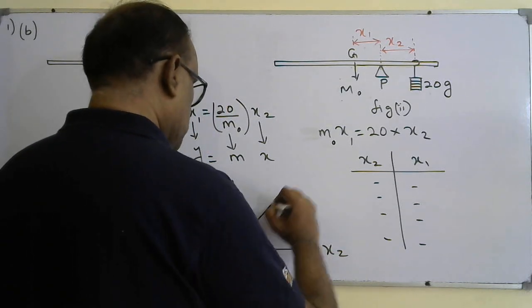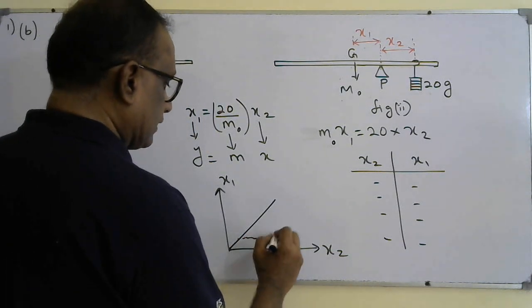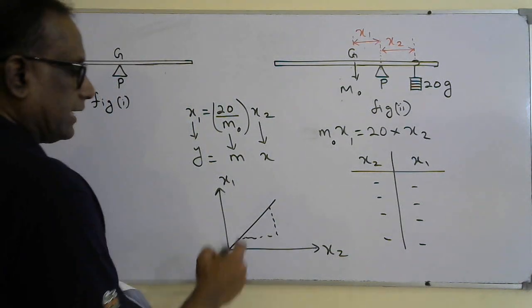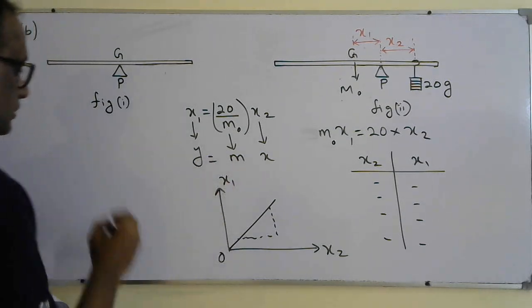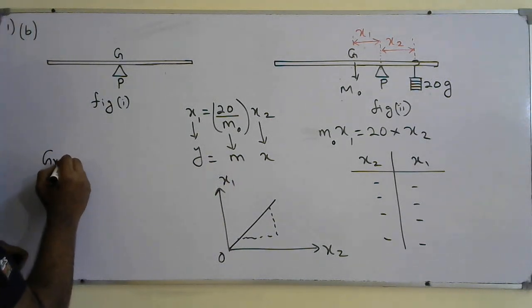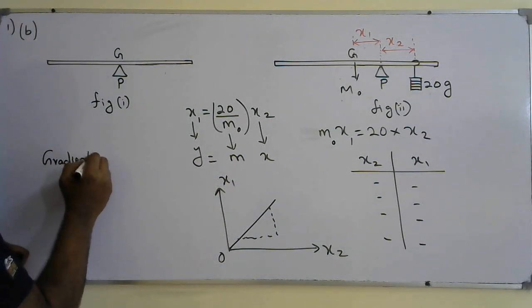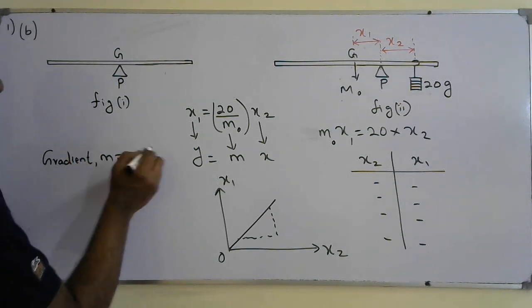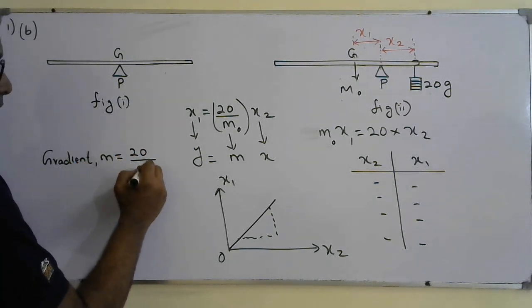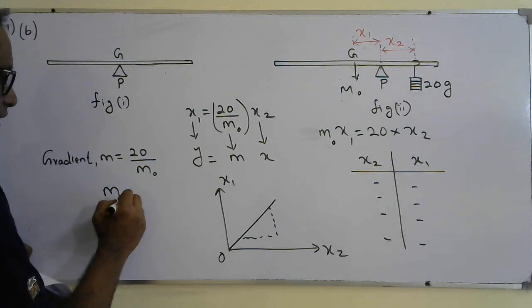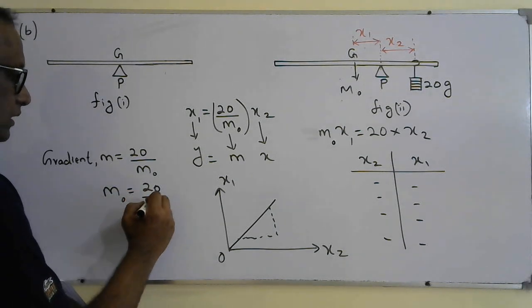It will be a straight line through the origin. Find the gradient, which is equal to 20 over m naught, because both are constants. From that, find m naught, that is 20 over the gradient.